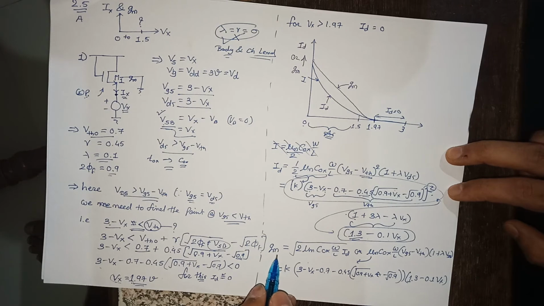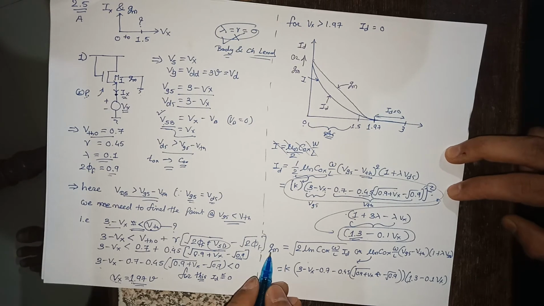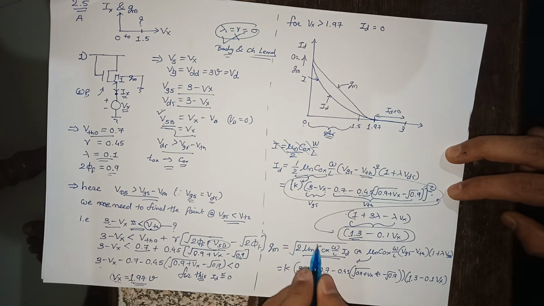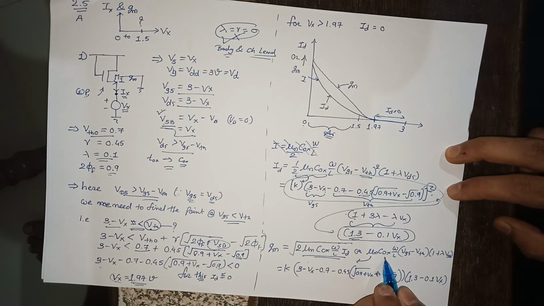Okay, now it is time to find Gm. You can follow two equations. One is the square root of 2 mu n COX W by L ID, with the whole value under the root. The other equation is mu n COX W by L, VGS minus VTH, into 1 plus lambda VDS. If you follow this equation, this is nothing but, let's say, k.